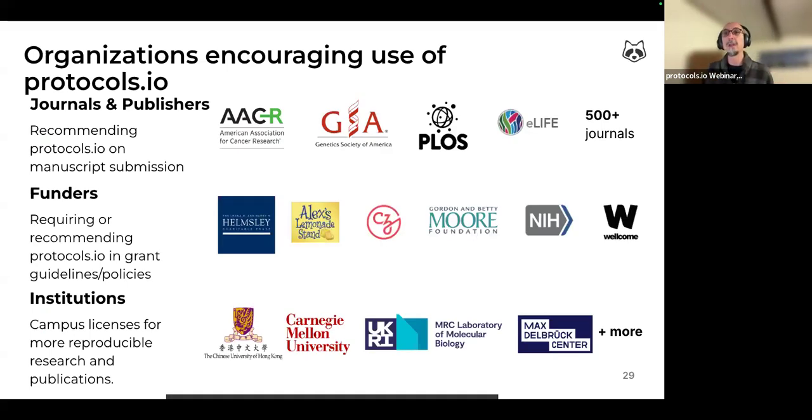And in this push to increase transparency, accountability, and reproducibility, several organizations, including over 500 scientific journals, funding agencies, and educational and research institutions in 3 continents, support and promote the use of protocols.io.